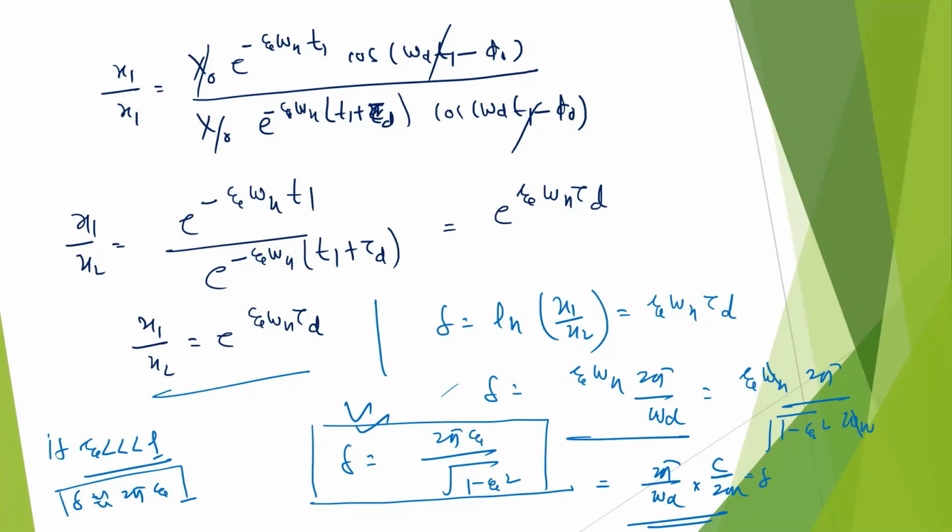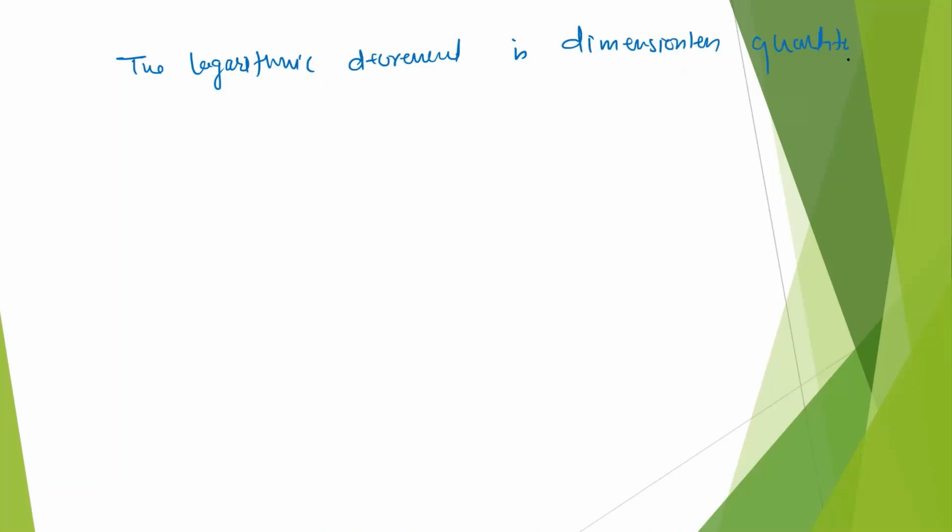Now, as we know, the logarithmic decrement is a dimensionless number, because it is the ratio of two amplitudes, or we can say the natural log of two successive amplitudes. So the logarithmic decrement is a dimensionless quantity, and we can say it is another form of the damping ratio zeta.